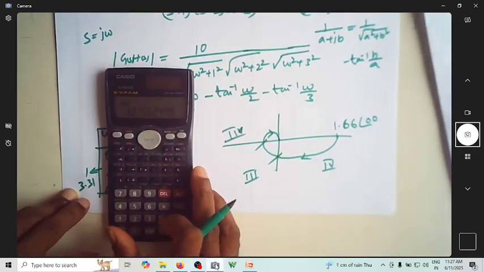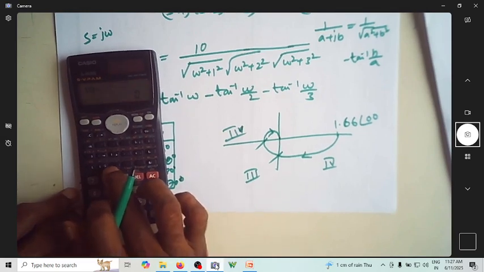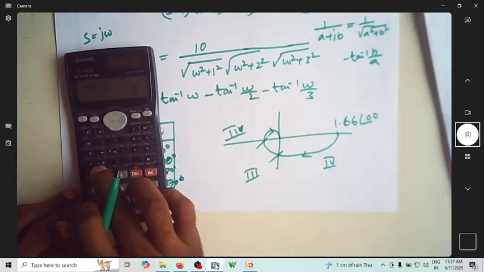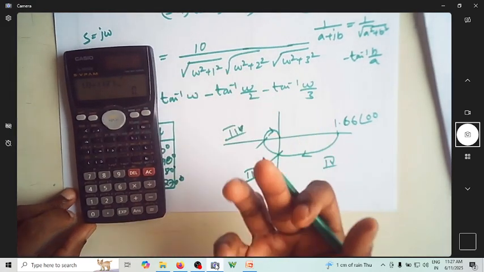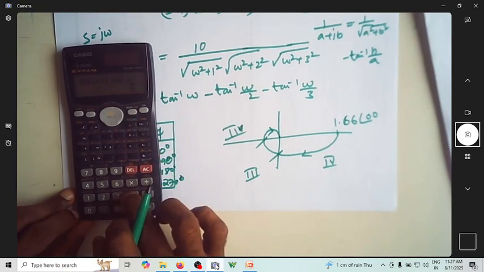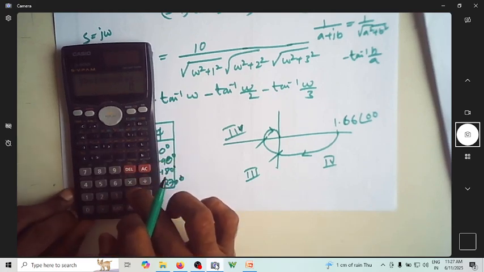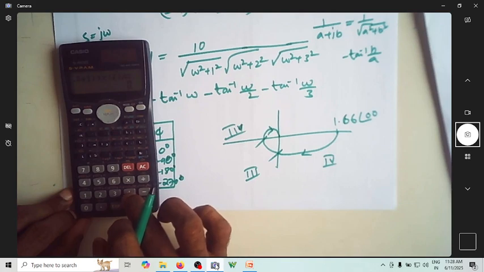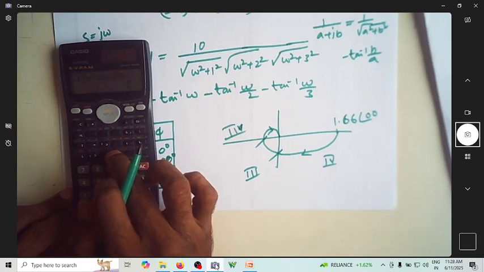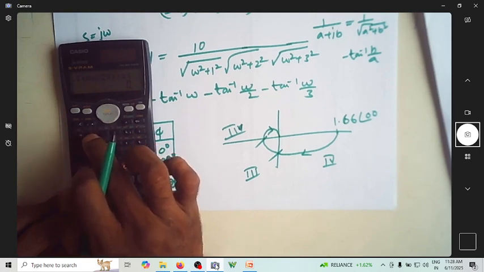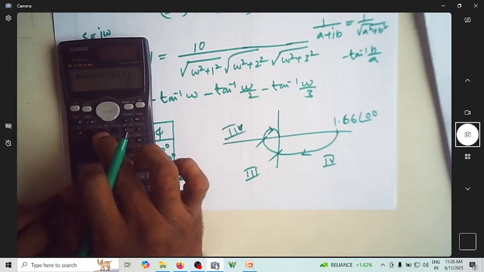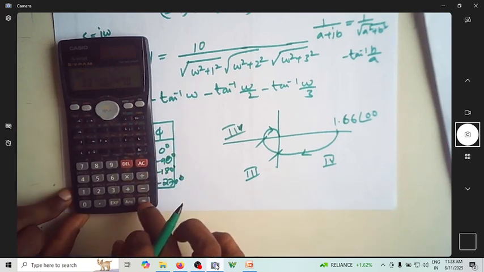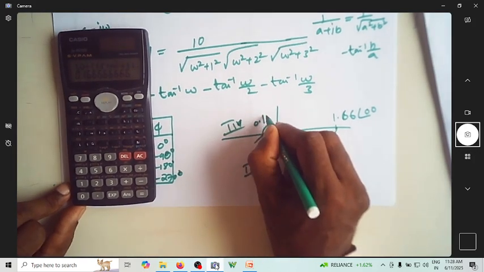If you substitute omega equal to 1 here, the magnitude is 10 divided by the square root of (alpha a squared plus 1), into the square root of (alpha a squared plus 2 squared), into the square root of (alpha a squared plus 3 squared). Calculating for 3.31, the magnitude here is 0.166.